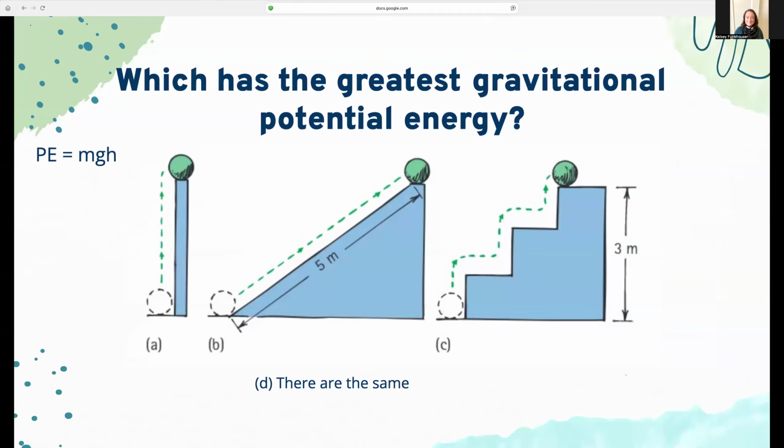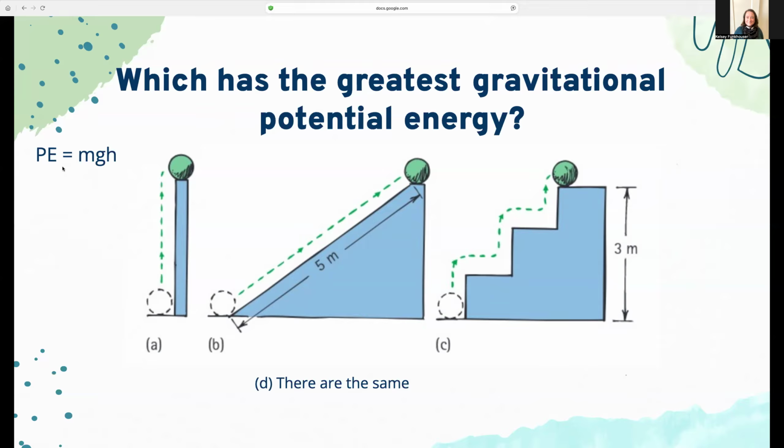So pause here and see if you can answer this, but we'll talk through it too. So we have this ball and these different platforms, I guess you could call them. And we want to know which one of these balls has the greatest gravitational potential energy in its current position.